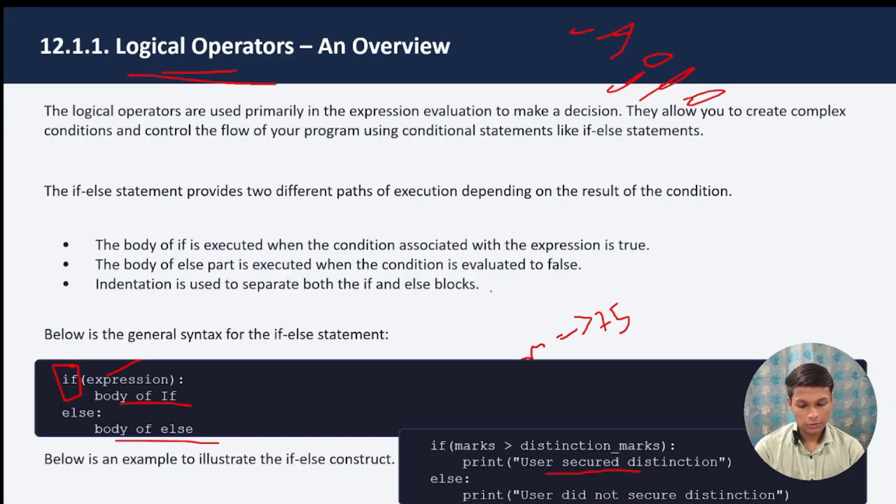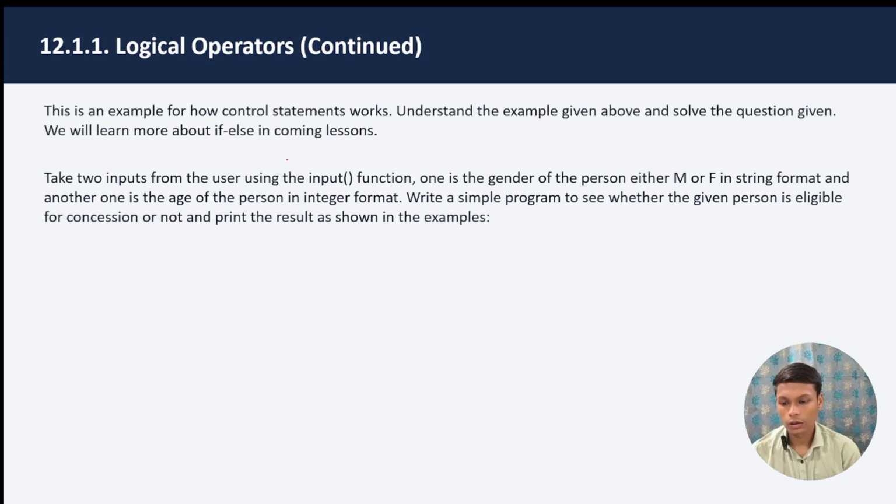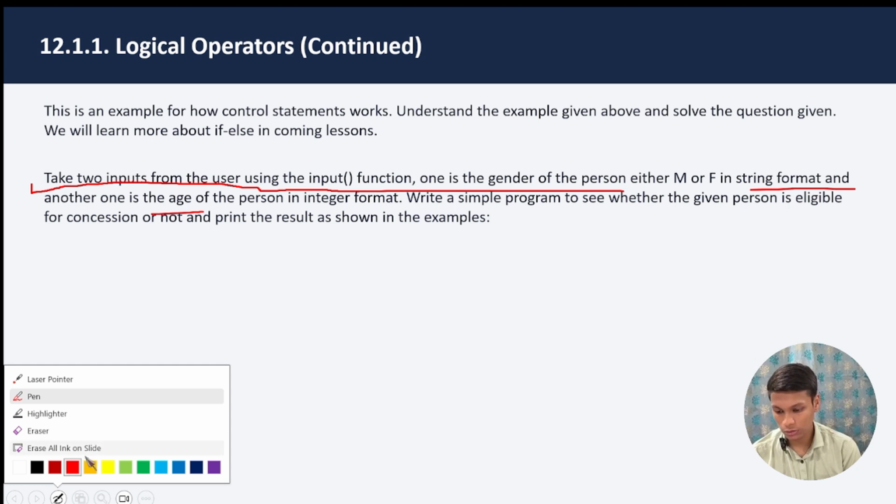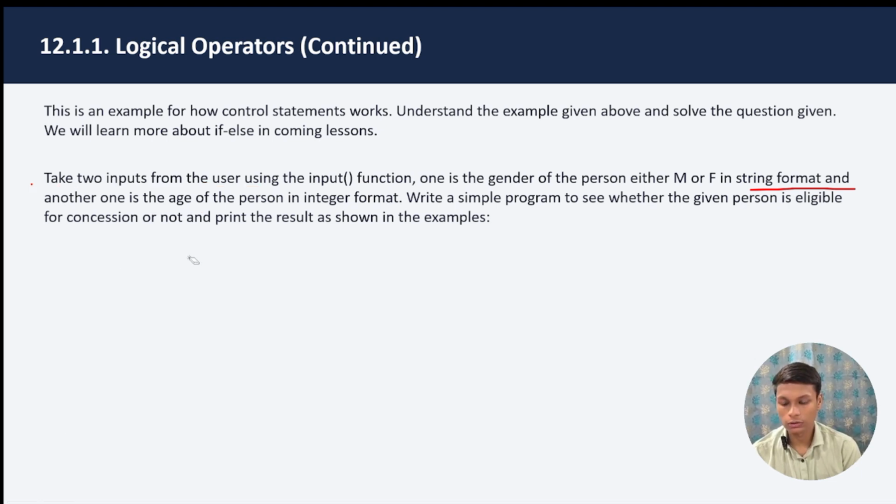Now we have another example, which is to take two inputs from user using the input function: the gender of the person, male or female, in string format, and another is the age of the person. Let's write the whole code in the program. Firstly, let's read the whole question.